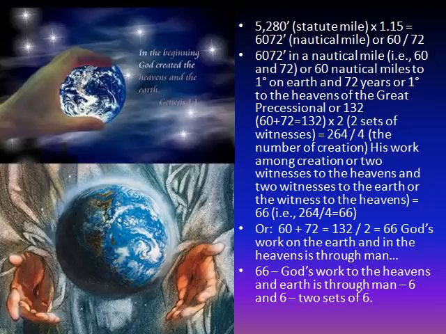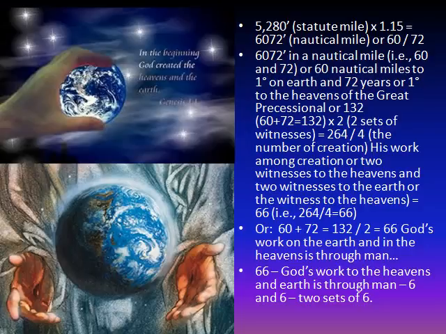5,280 linear feet is equal to 1 statute mile. A multiple of 1.15 will give us that same figure in nautical miles. That is, 1.15 times 5,280 linear feet will give us 6,072 linear feet.